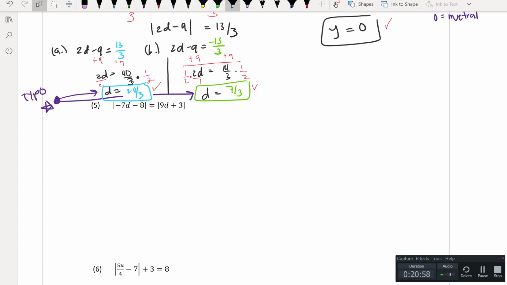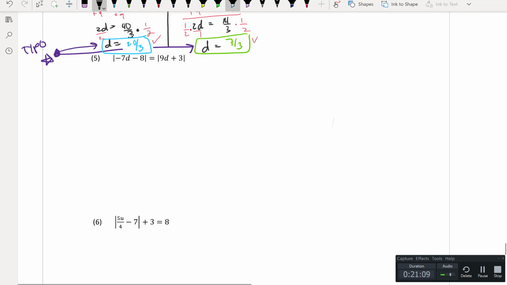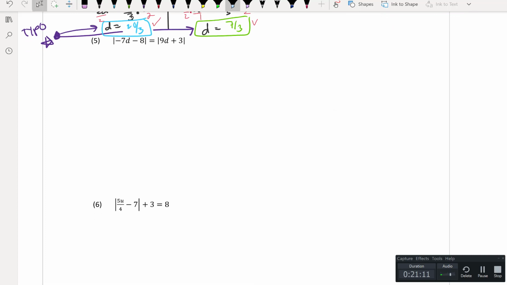Okay, so now for number 5, this one's slightly different, because you have an absolute value equal to an absolute value. I'm going to rewrite it just because it's kind of messy from above. So I have negative 7d minus 8 is equal to the absolute value of 9d plus 3.